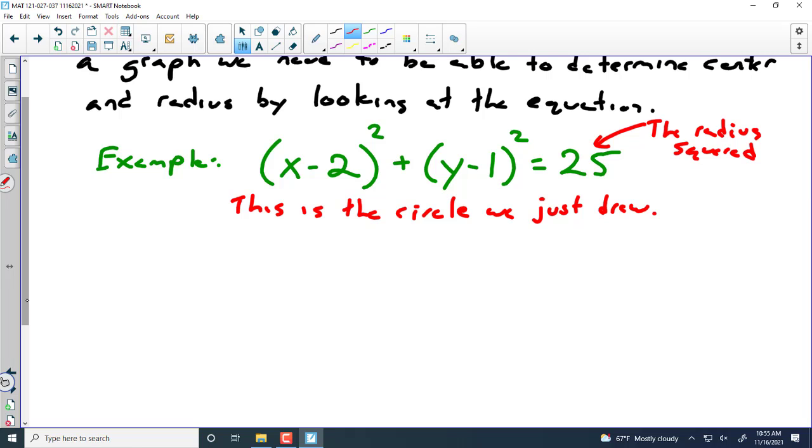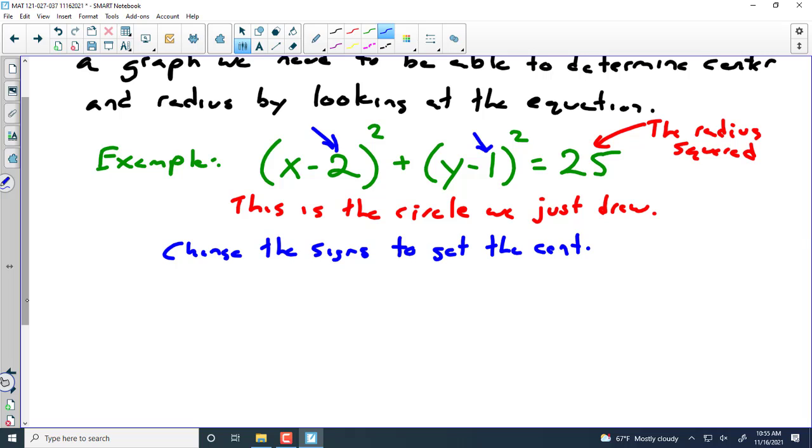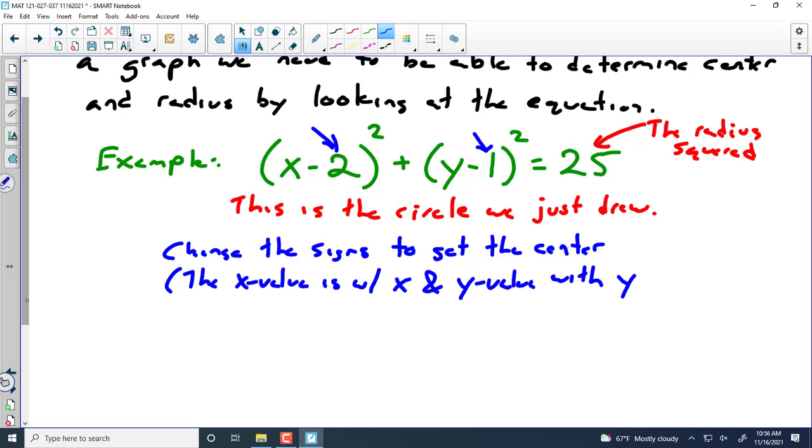So what happens is, this number right here, and this number right here, change the signs to get the center. The X value is with X, and Y value with Y. So we get the center of 2, 1.